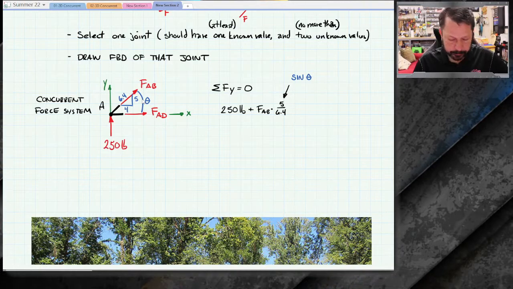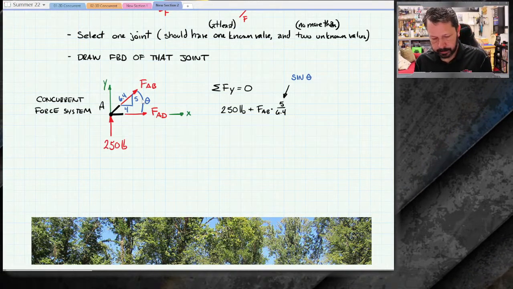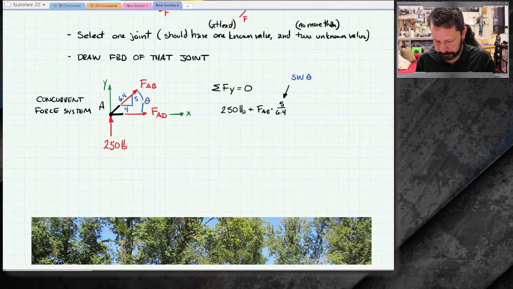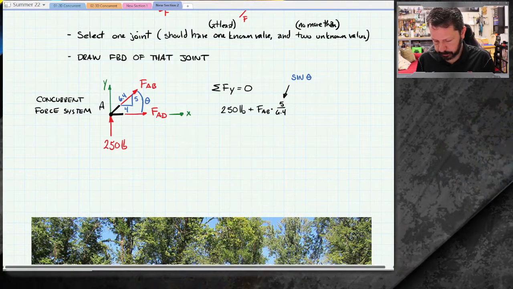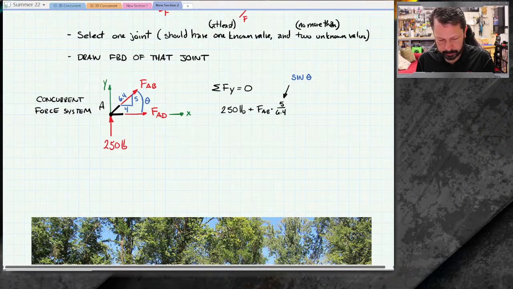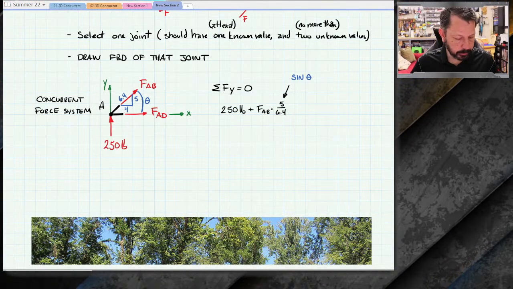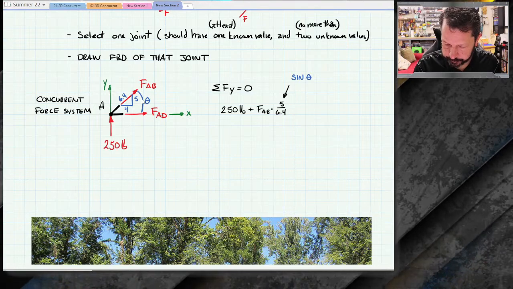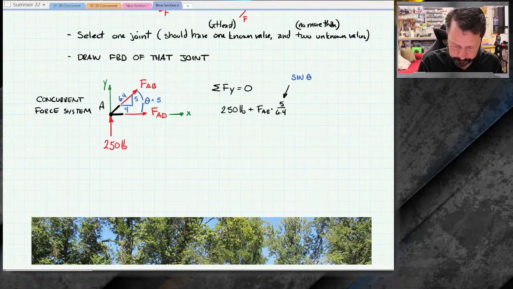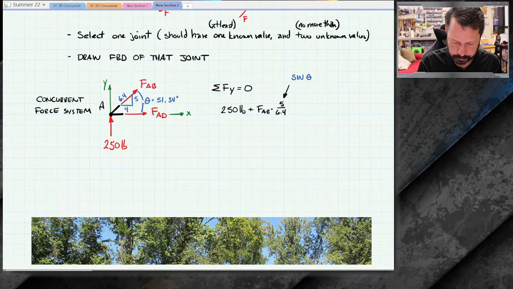So if I were to go in and figure out, well, let's see. That angle would be inverse tangent of 5 over 4. 51, so theta is 51 degrees. 51.34 degrees.